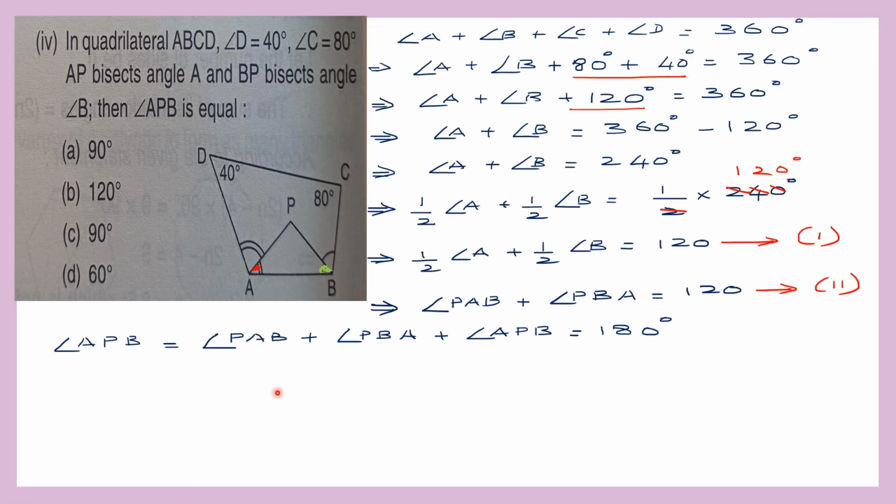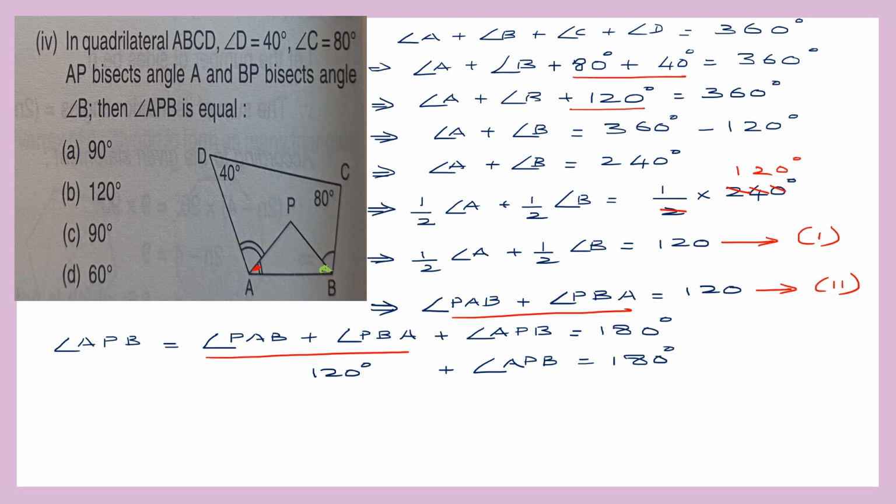Now we already know angle PAB plus PBA, these two, is equal to 120 degrees. So we can substitute for this and write 120 degrees plus angle APB, which we have been asked to find, should be equal to 180 degrees. So here what can I do?